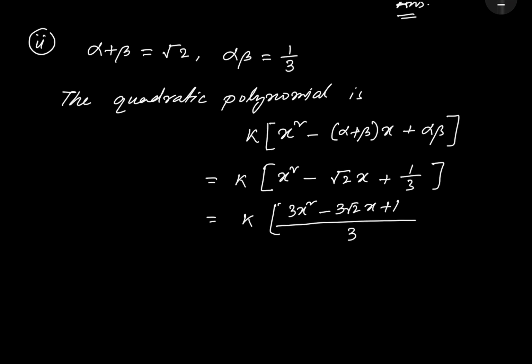Okay, so it will be k by 3 into 3x square minus 3 root 2 x plus 1.